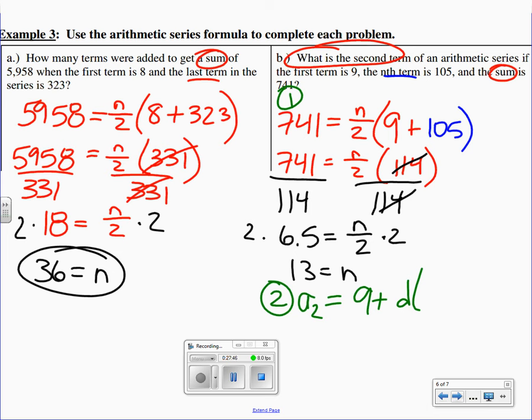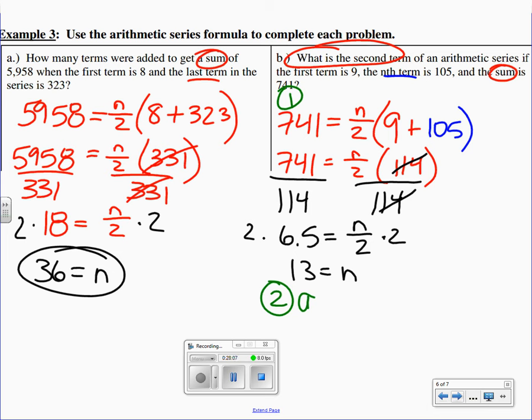So I need to back up a little bit. I can't do A2 yet. I can't find the second term yet. What do I need to find? What letter did I need? D. I needed D. Instead of doing A2, I could do A something else.